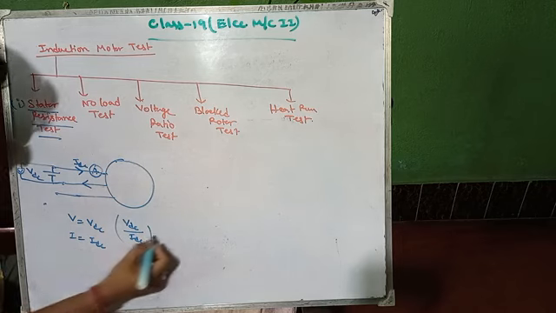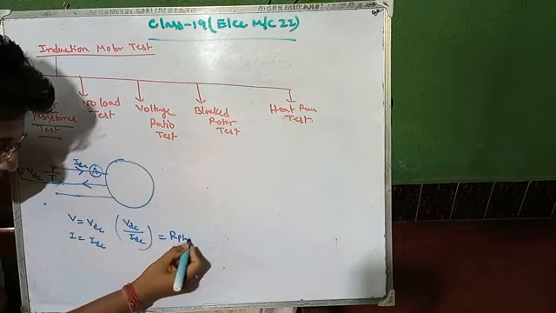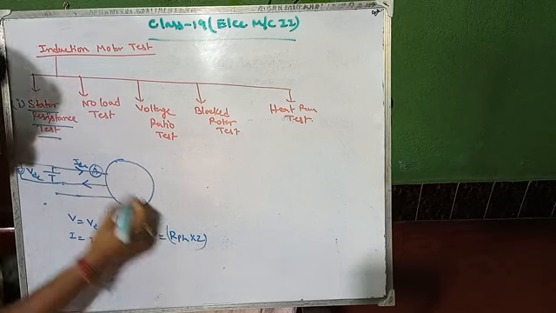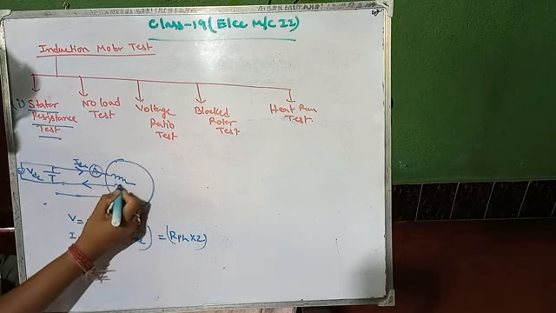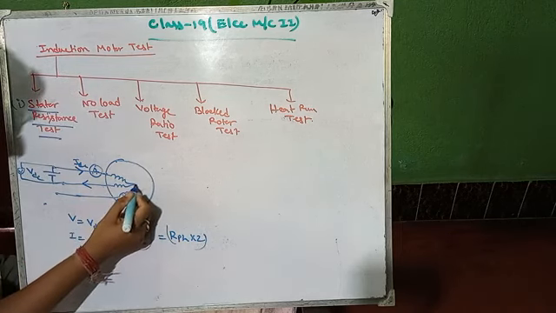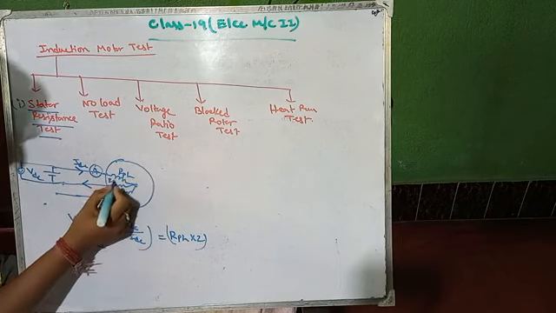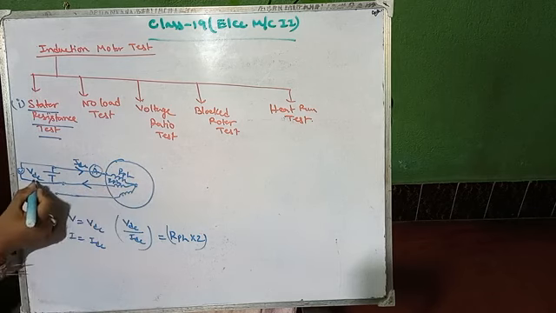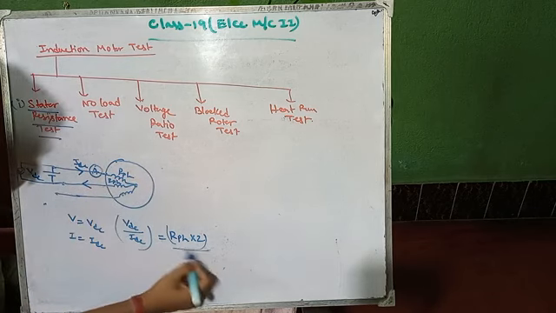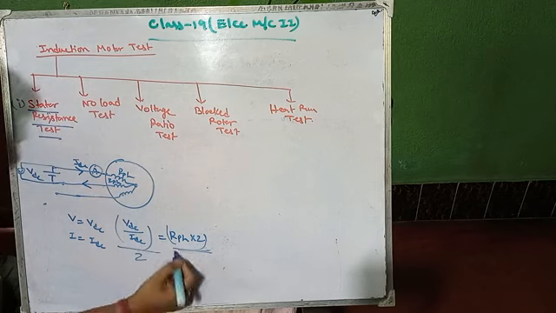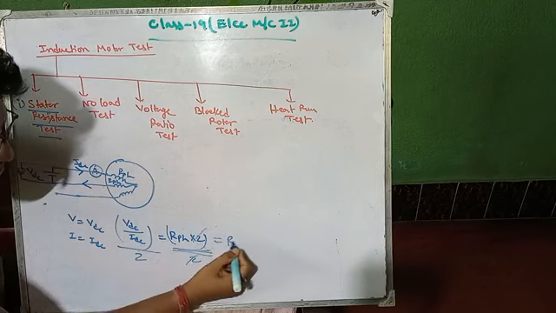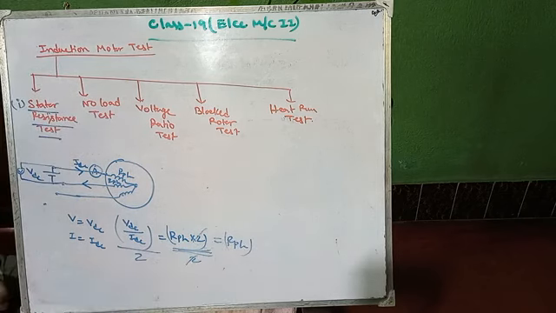Considering a balanced condition, it is R phase plus R phase in a series circuit, that is RPH into 2. So by dividing by 2, we get the phase resistance.